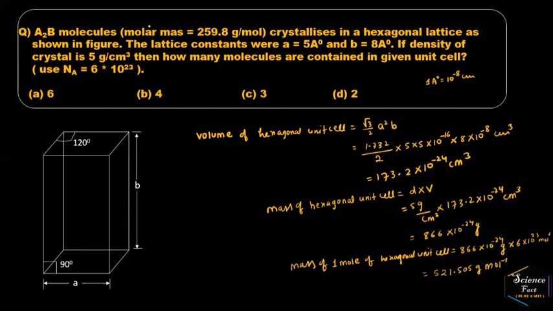Here it is given in this question that the molar mass of these A2B molecules is in terms of gram per mole.